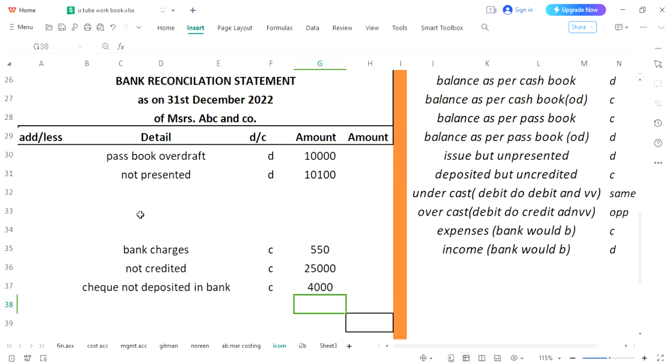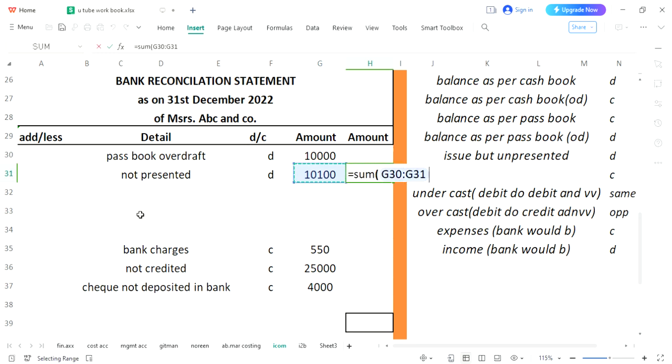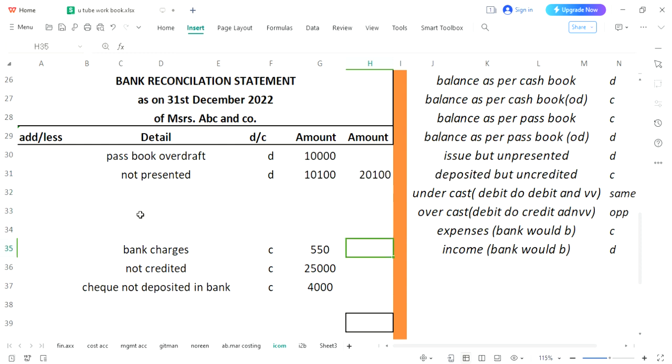Now what we will do is take the sum of all the amounts present on the debit side, and the sum of all the amounts present on the credit side. Now we will put the sign. It's very important for you to understand: the amount on the credit side is 29,000 and on the debit side is 20,100, so the larger sum is credit.